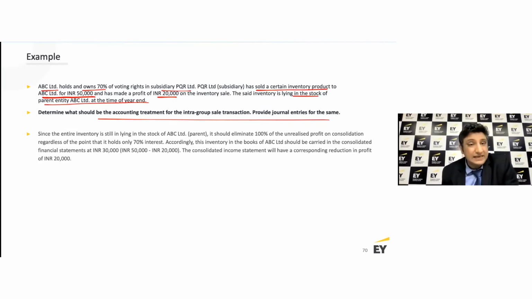Now, there are two things that you want to remember very, very importantly. The first thing is there is an intragroup sale and purchase. They both need to be eliminated in totality, right?